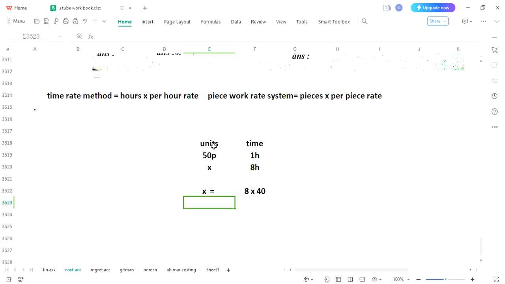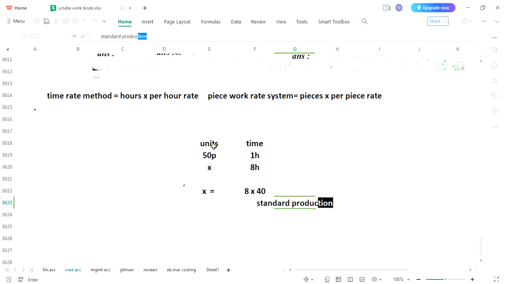Answer can be developed, 8 into 50. So we have our standard production per day and per worker.